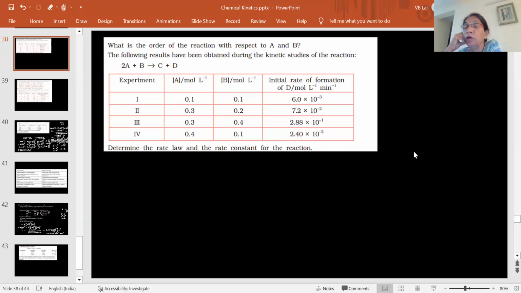Are all of you able to do it? Hariharan, are you able to do the question? Are you doing it? Sanjay, are you able to do it? Are you there?